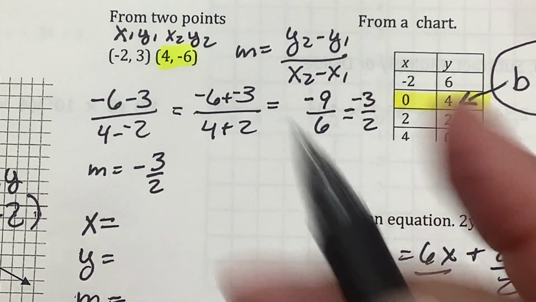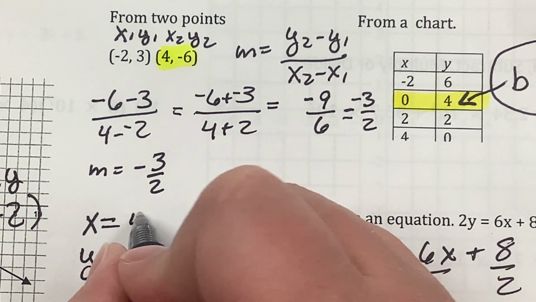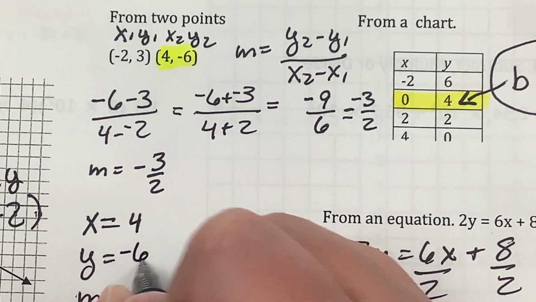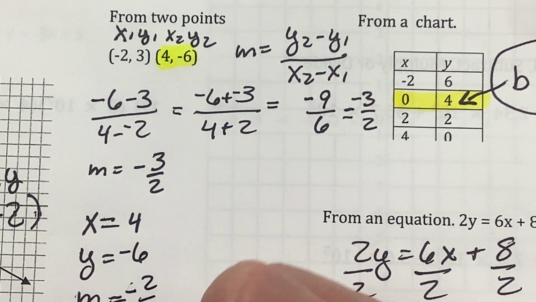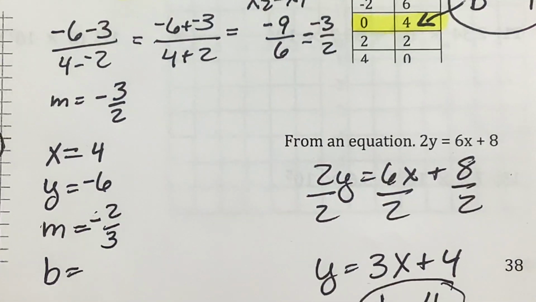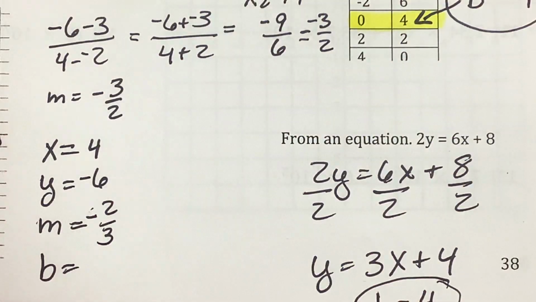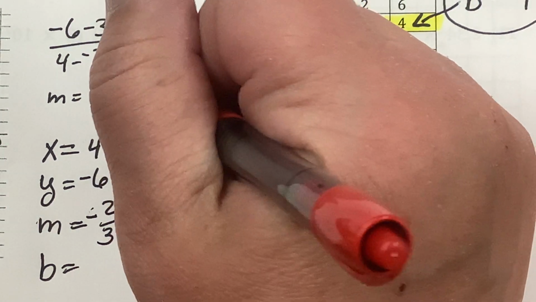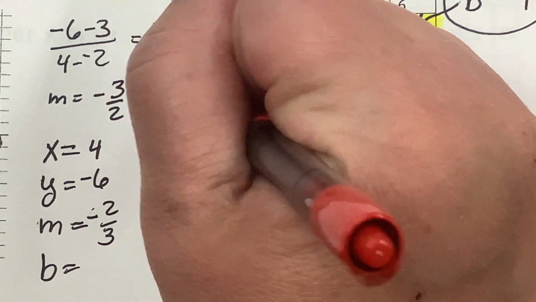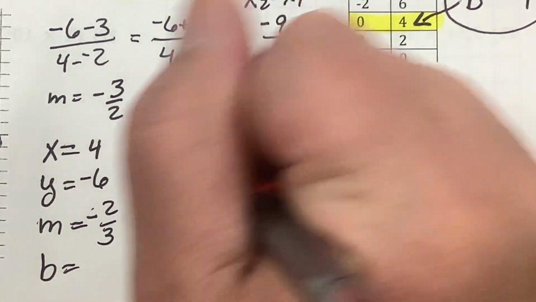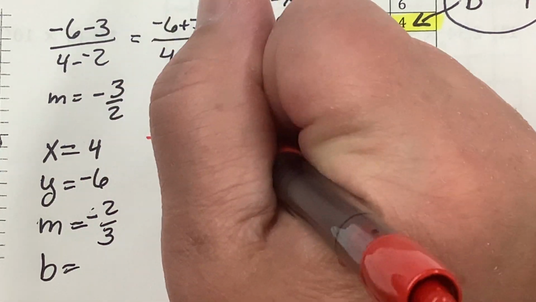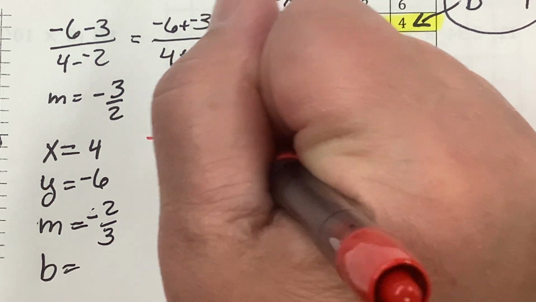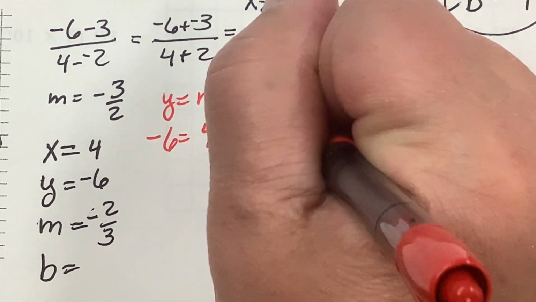So I'm going to use x is 4, y is -6, m is -3/2, and it's b that I'm looking for. So grab another color bottle. Here we go. Y equals mx plus b. -6 equals 4 times -3 over 2 plus b.